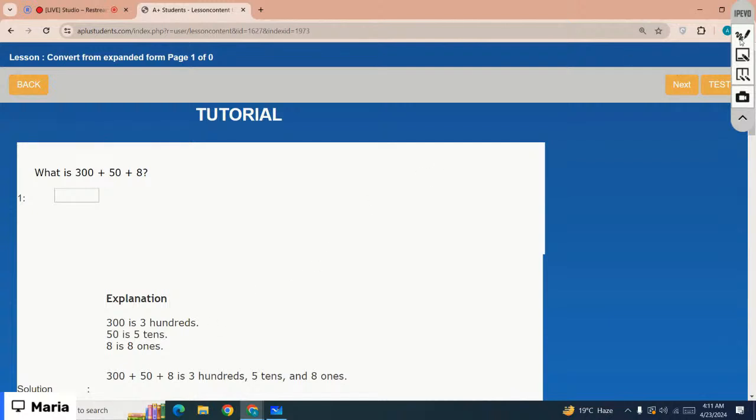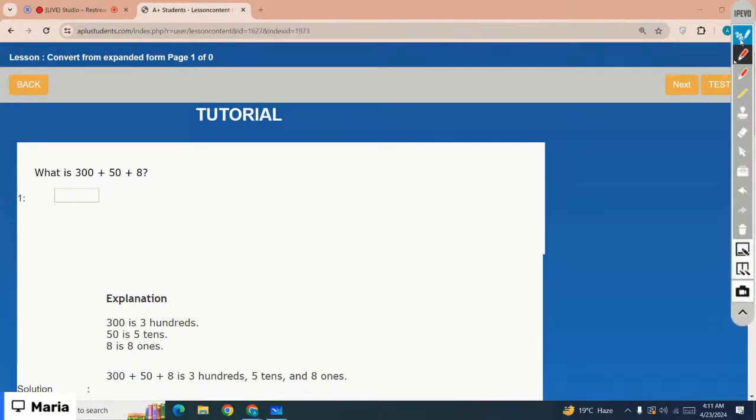And they tell you the place value of the numbers. 300 means 3 is the digit at the hundreds place, right? You can see here 300 is 3 hundreds. 50 means the digit at the tens place is 5. And 8 is 8 ones, right?